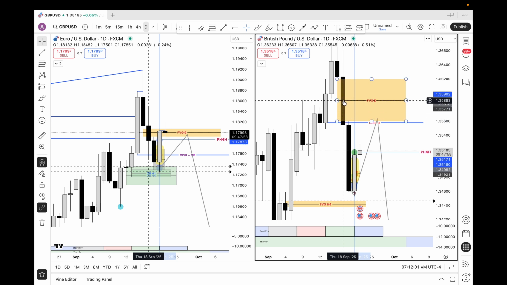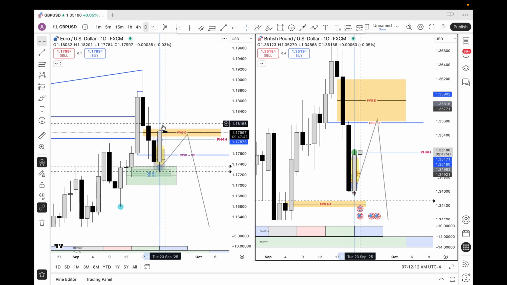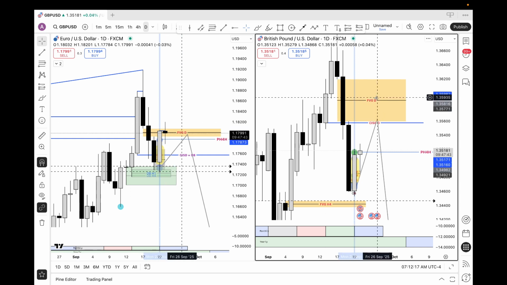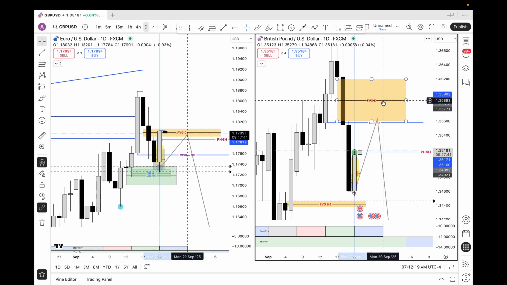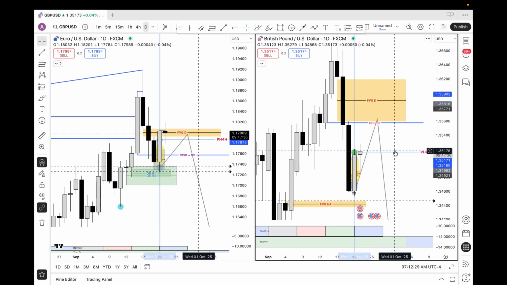If you check this fair value gap of the daily time frame plus the same candle over here in EURUSD, this fair value gap has been tapped, invalidated and broken, but the same fair value gap is not tapped over here. So for the higher time frame, for now it seems like a bearish move, and we can expect some bearish move from over here, but we are doing a trade breakdown of 22nd September, so the same I'll do now.